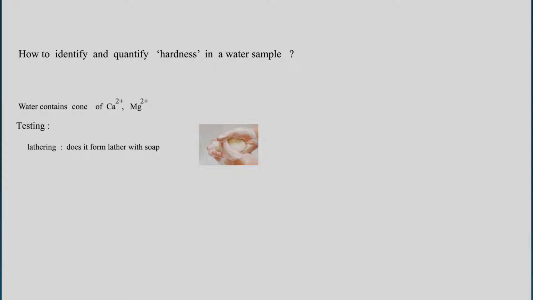We call it soft water. Australian water is soft water. But if it does not lather and forms a precipitate, sticky scum, that means this may be hard water, which is high in calcium and magnesium.